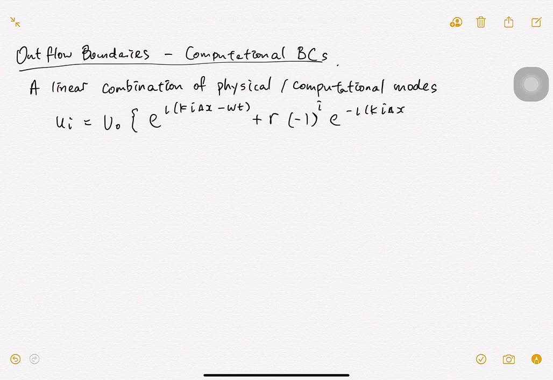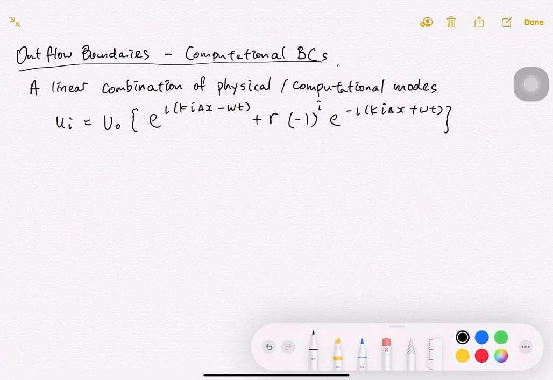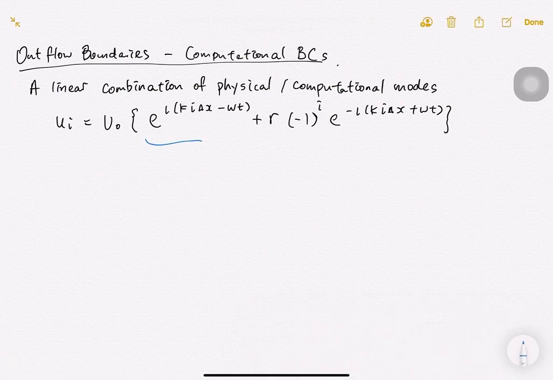We have done this expression in the last slide. So we know that this is the physical mode, and this is the computational mode.